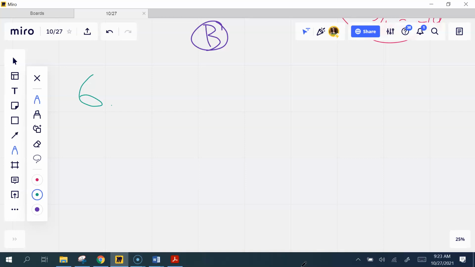We're trying to do dy/dx. So the first thing you're going to do is move this to the top. Go ahead and write dy/dx somewhere. So the radical goes to the top, but first we have to make this an exponent.